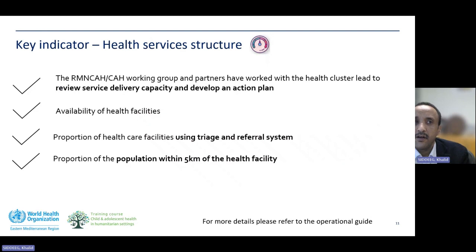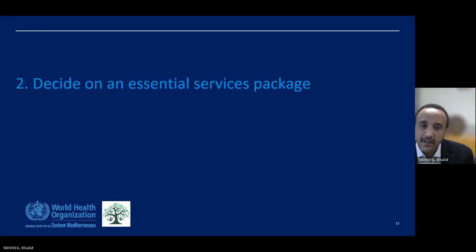For example, availability of a PHC facility for 5,000 population, of a community health worker for 2,000 of population. These are indicators that people agreed upon, either based on Sphere guidelines or based on the national guidelines in the country. And another example is the population within 5 kilometers of a health facility. All these indicators are examples of indicators we can use to measure and improve health service structure.